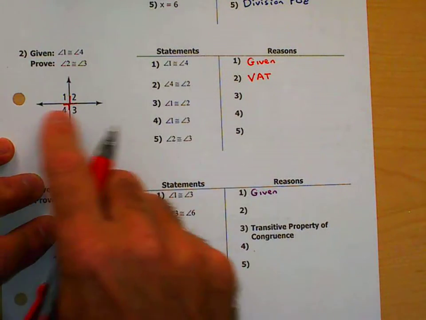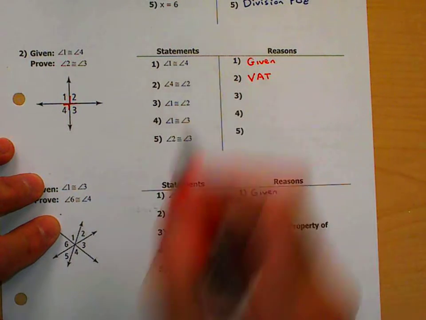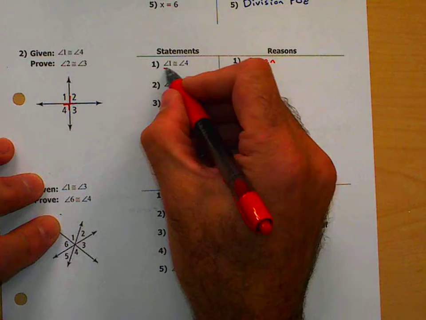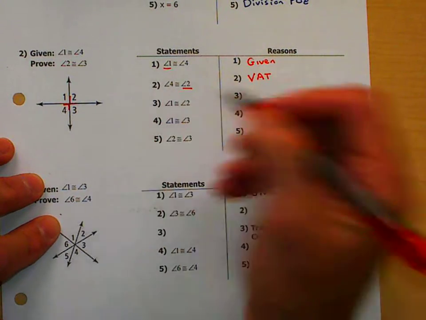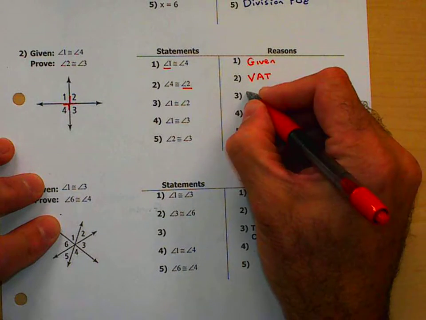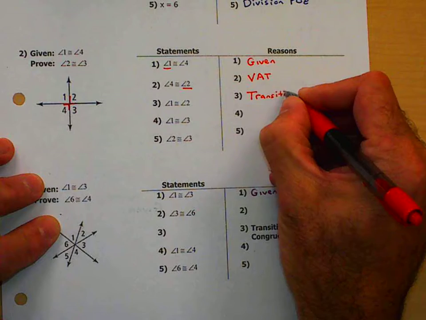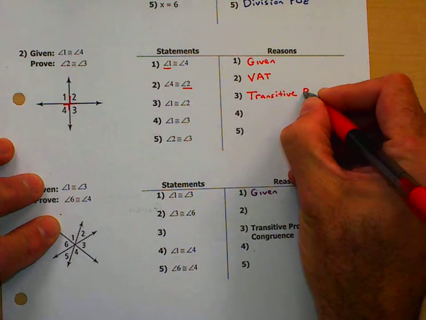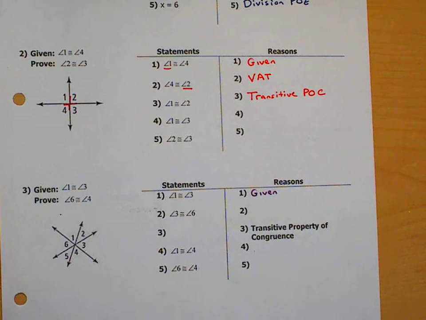Well, there's nothing in the picture that tells me that they're congruent. But if I look at both steps above, 1 is congruent to 4 and 2 is congruent to 4, so then 1 would be congruent to 2 is the transitive property of congruency, since we're dealing with congruence, not equality, as we did with number 1.